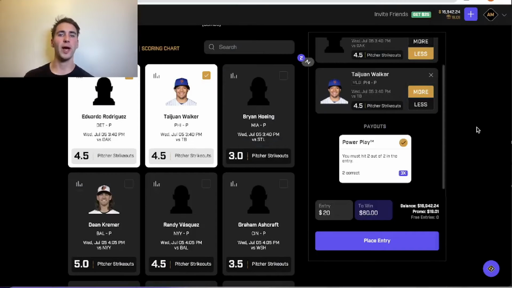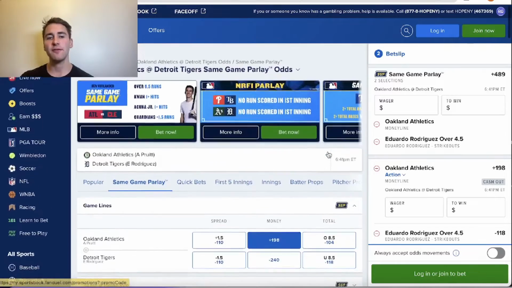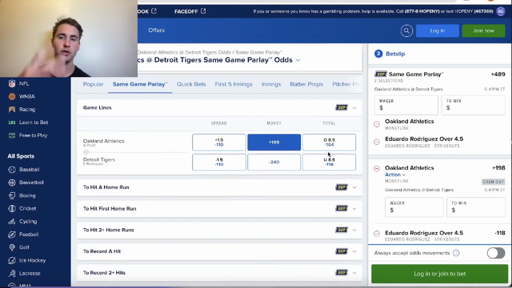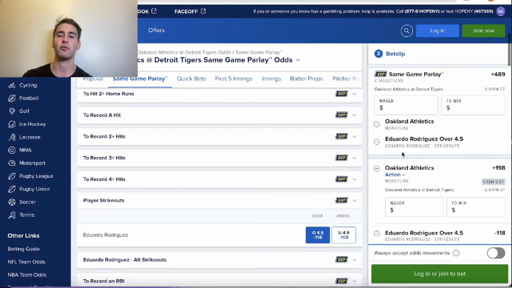Yo, so real quick, I wanted to explain why correlation is really valuable on PrizePicks, but not as much on traditional sportsbooks like FanDuel. If you take a look at FanDuel, if I just create a little two-pick same-game parlay, the Athletics to win, and Rodriguez over 4.5 strikeouts, you're going to see this parlay is plus 489 odds.